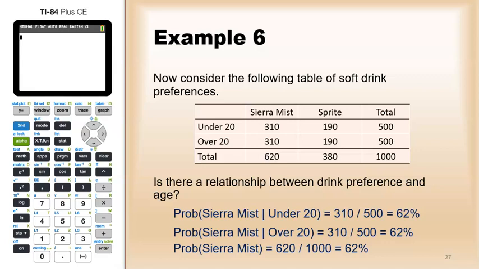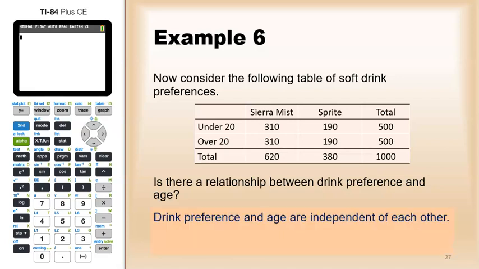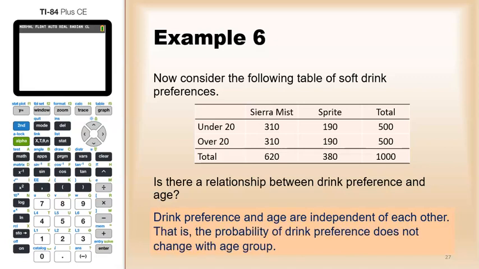Notice in this case, whether they're under 20, over 20, or if we just took the entire group, the probability is 62%. So in this case, drink preference and age are independent of each other. That is, the probability of drink preference does not change with the age group. Those under 20 and over 20, same probability.